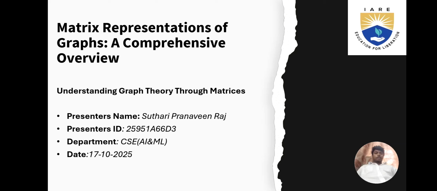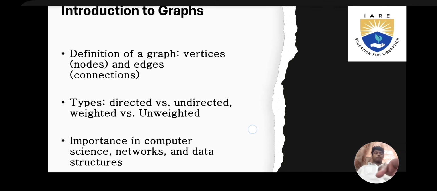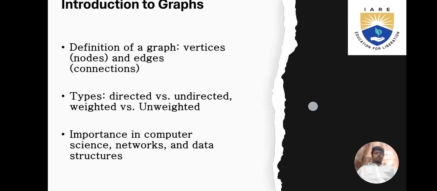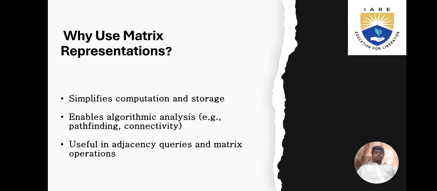Today I am going to explain the topic matrix representations of graphs: understanding graph theory through matrices. Why use matrix representation?